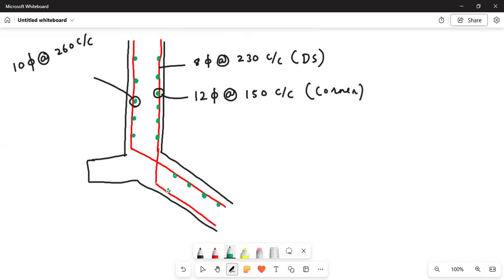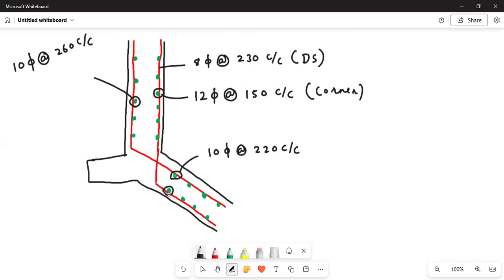And the horizontal reinforcement at this face is for the positive bending moment. Just now we have calculated the reinforcement for the negative bending moment. So this reinforcement is for the negative bending moment, and we have got it as 10 phi at the rate 220 center to center.